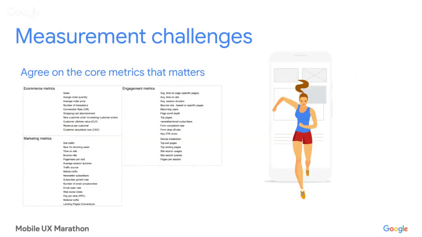Once you set off on this journey, and you have defined a UX challenge or UX project, the key thing to do, and the first thing you should be doing, is to agree on the core metrics that matter. And I think you shouldn't underestimate the importance of this.